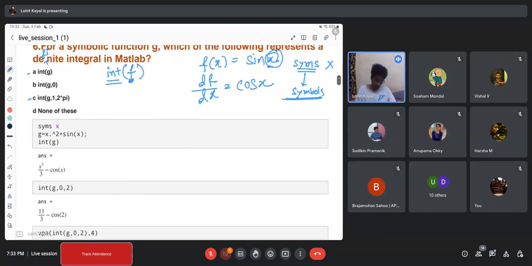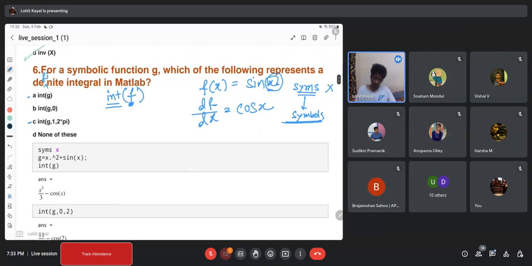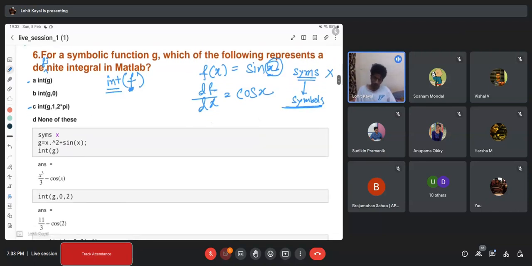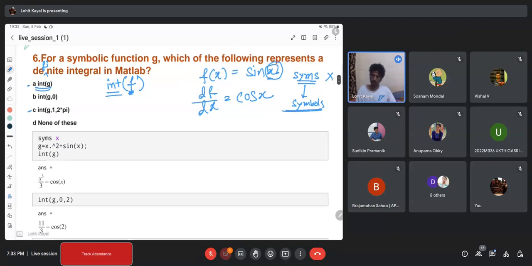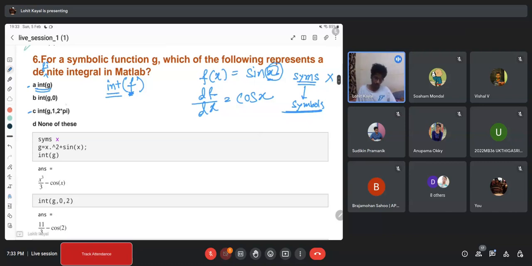Now when I write g equal to x squared plus sin x, as g is a function of x, it will know that g is also a symbolic variable. In order to use this command int of g, you must mention that x is a symbolic variable.